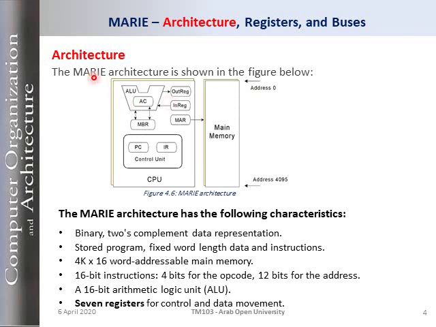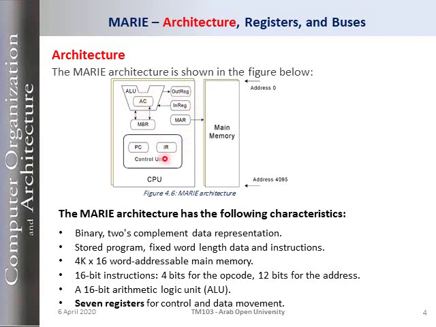This is the architecture of Maria simulator. It's similar to the von Neumann architecture. We have the main memory and the CPU. Inside the CPU, we have the arithmetic logic unit, the control unit. Inside the control unit, we have 2 special registers. As you can see, we have how many registers inside Maria simulator CPU?